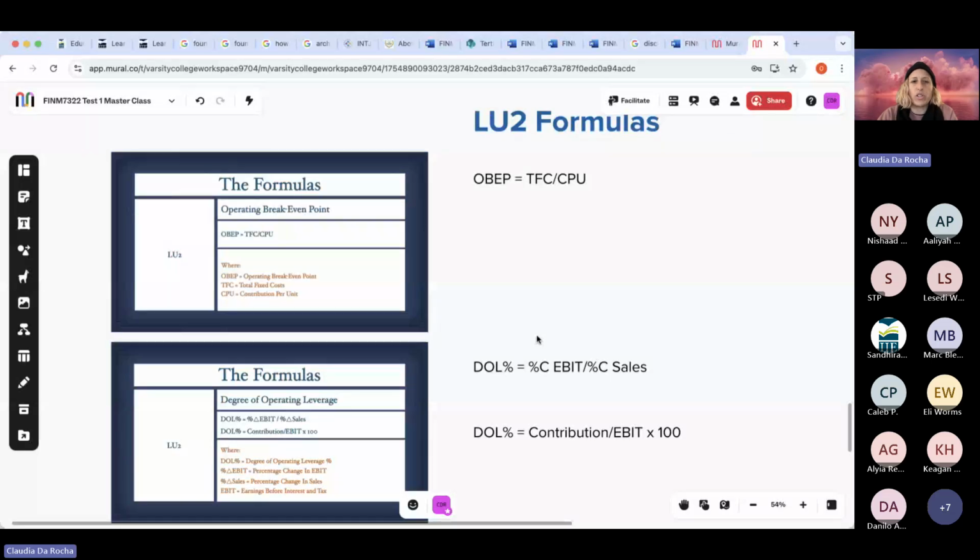All right, so let's continue. All right, so with the learning unit 2 formulas, there are not many, as I did say at the beginning. So first one is the operating break even.